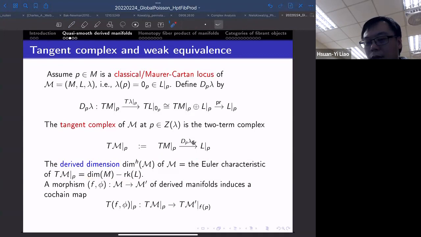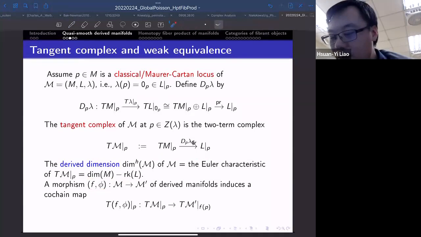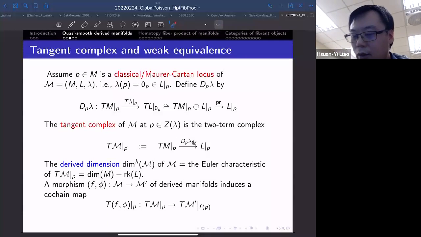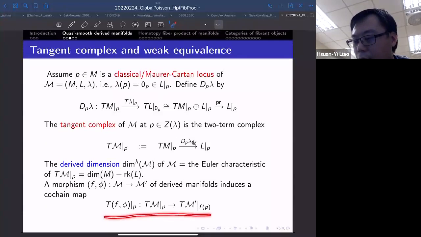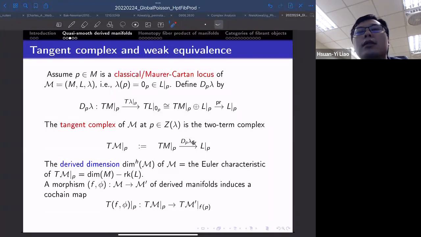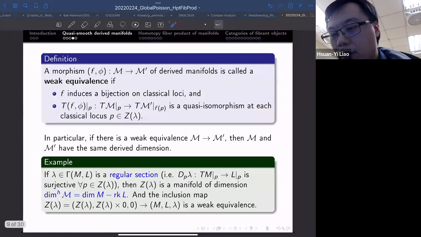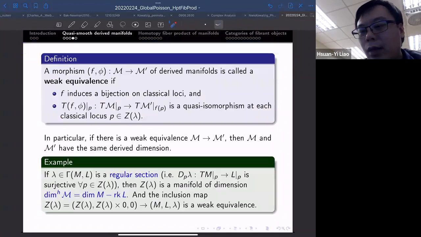And a morphism of quasi-smooth derived manifolds induces a cochain map between tangent complexes. Now I'm ready to define weak equivalence.